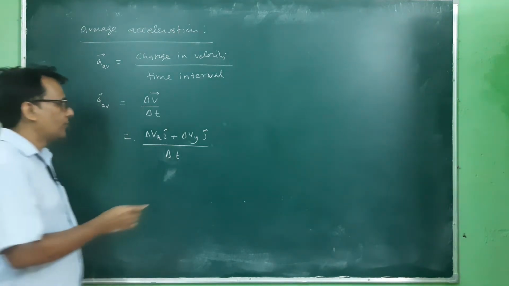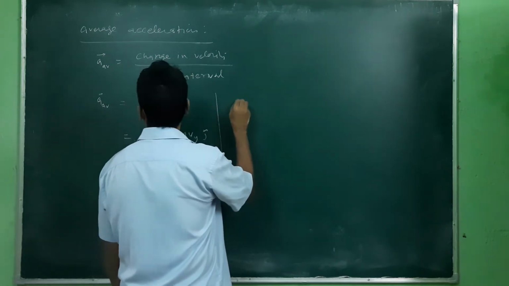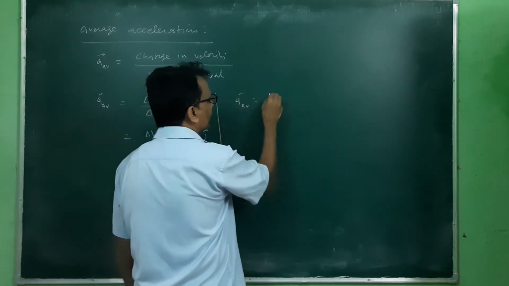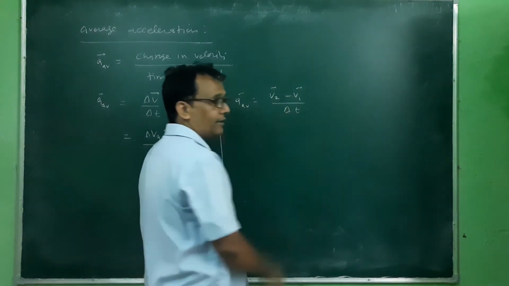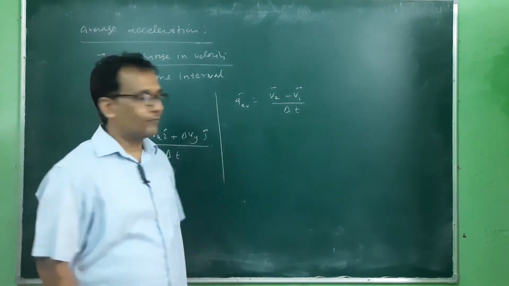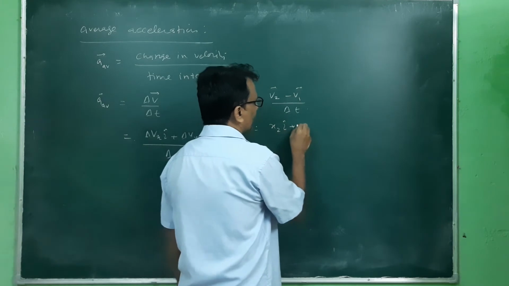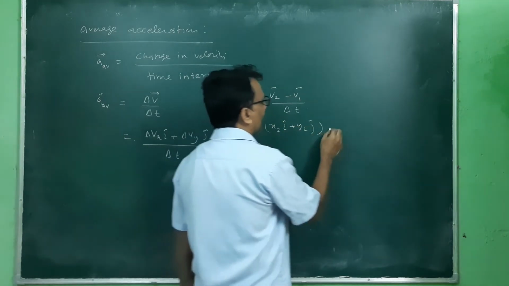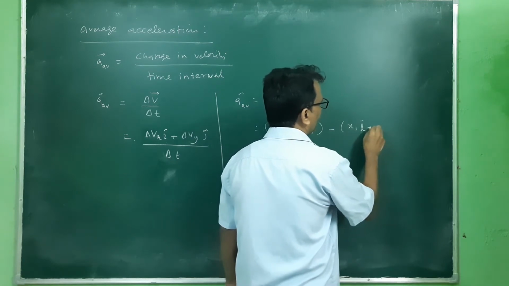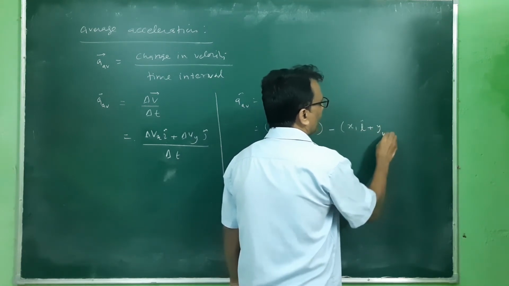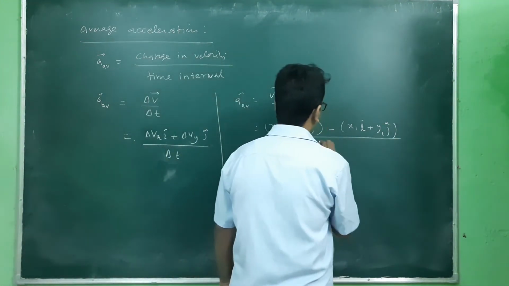Or if you want, you can elaborate like this. This is equal to a average, which is v2 minus v1 by delta t, and this v2 in the form of a vector will be equal to x2 i plus y2 j minus x1 i plus y1 j with components, by delta t.